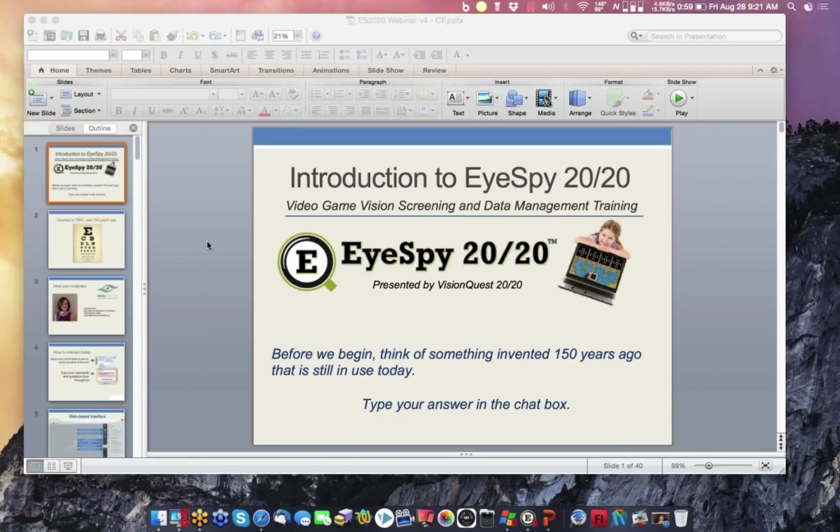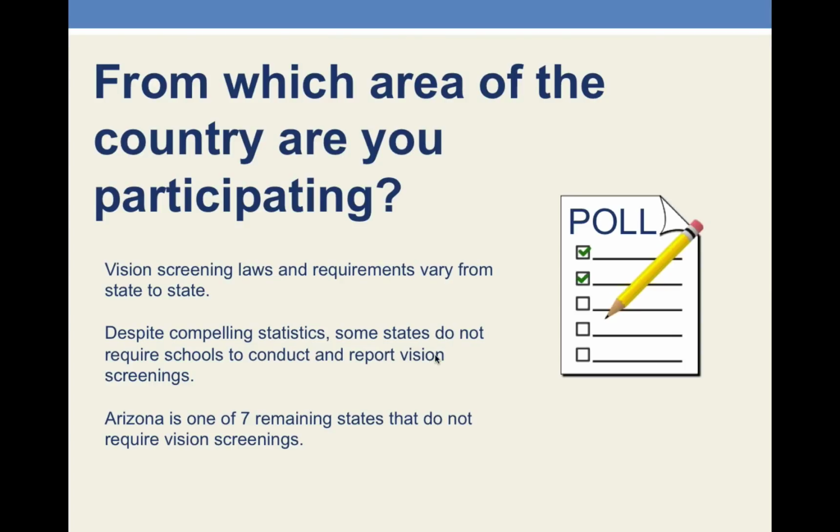Well, again, welcome, and we're glad that we've got a lot of attendees here from our home state of Arizona. Arizona is one of 7 states, unfortunately, that does not have vision screening laws for school children. So that's a little bit frustrating. I live here in Arizona.